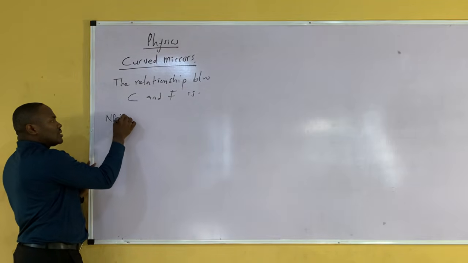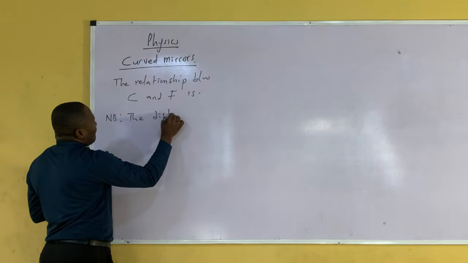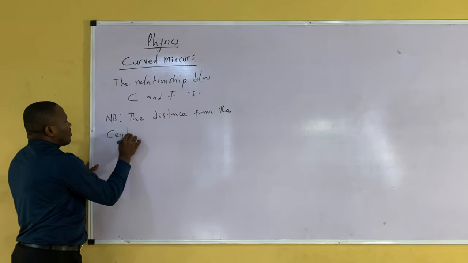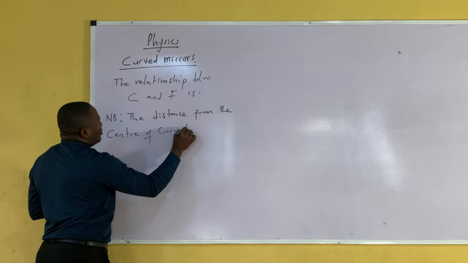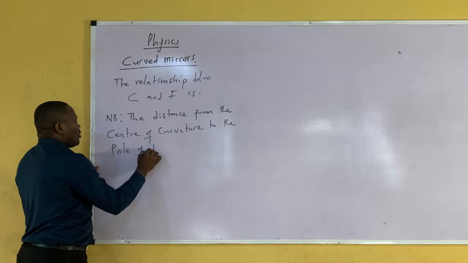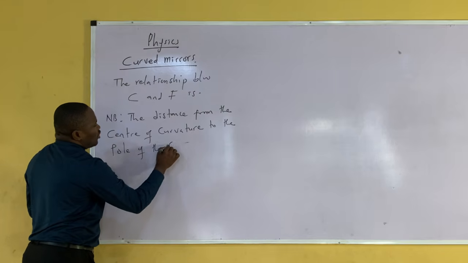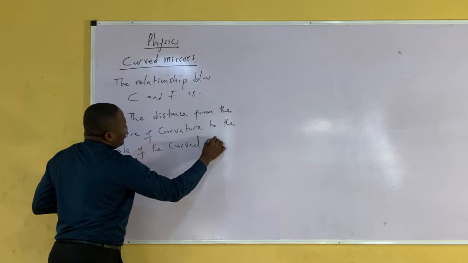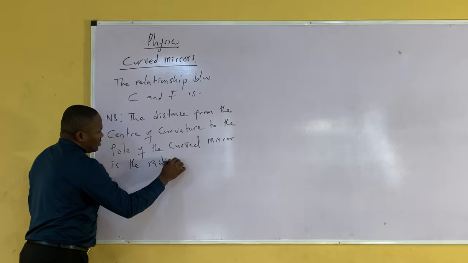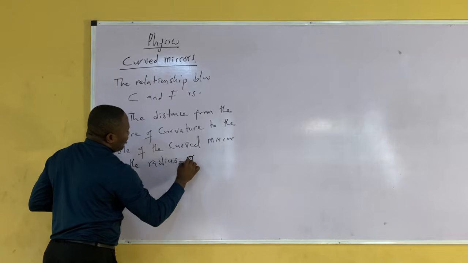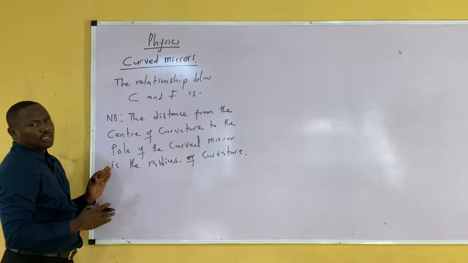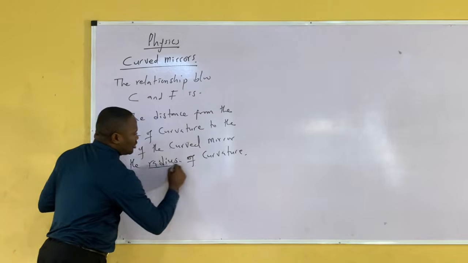Note that, very important, the distance from the center of curvature to the pole of the curved mirror is the radius of curvature.